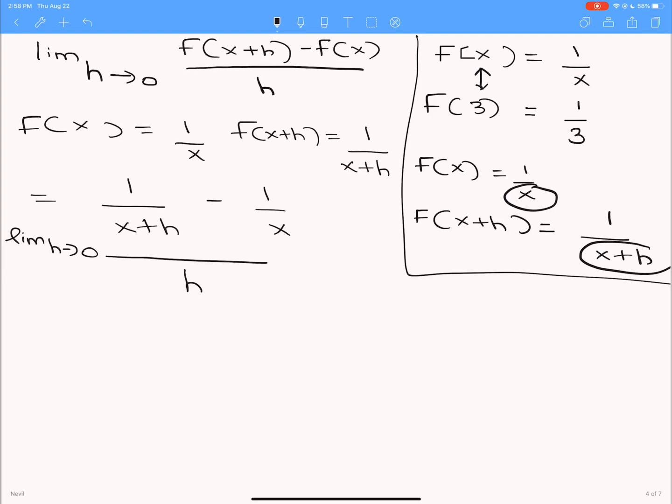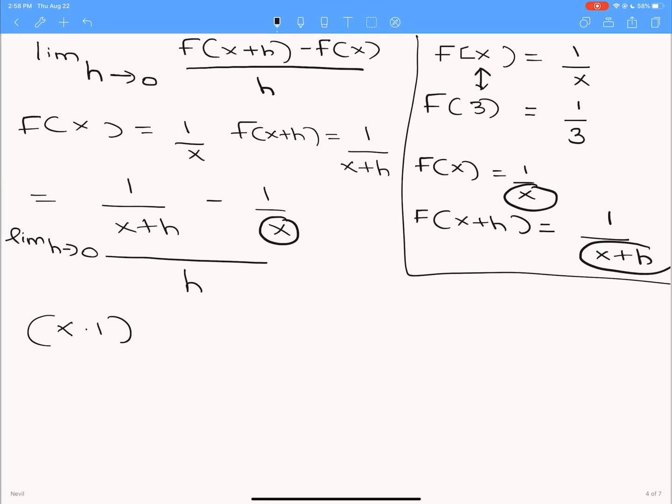All right, so let's go on to the algebra part on the numerator. The way you do this is you find the least common denominator between the fractions 1 over x plus h and 1 over x. You're going to cross multiply the two fractions. I'm going to bring x to the top first, so I have x times 1.